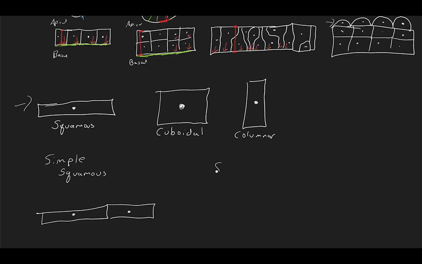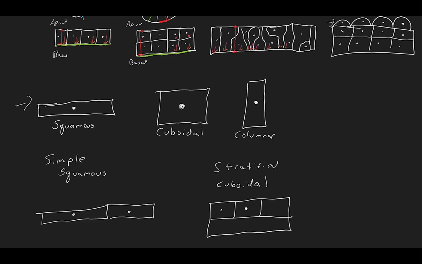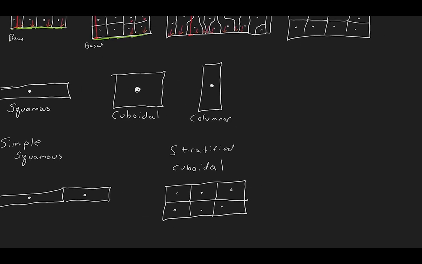I could say a stratified cuboidal. And in stratified cuboidal, it's more than one cell layer thick and the cells are cube-shaped. Like so. But what happens if I end up in a situation that looks something like this?